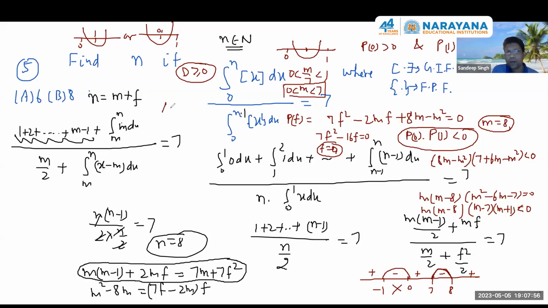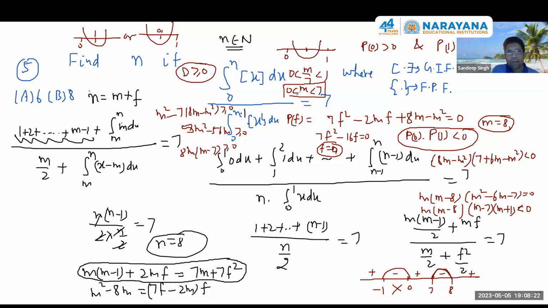So what is going to be D? 4m square, so 4 obviously will get cancelled. So m square minus 7 times 8m minus m square, greater than or equal to 0. So this will become 8m square minus 56m, greater than or equal to 0. So 8m into m minus 7, greater than or equal to 0.